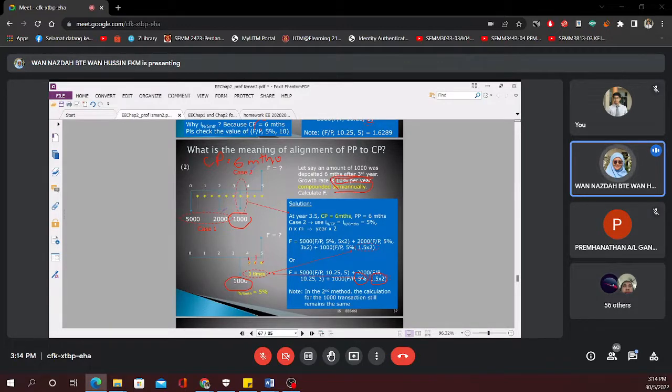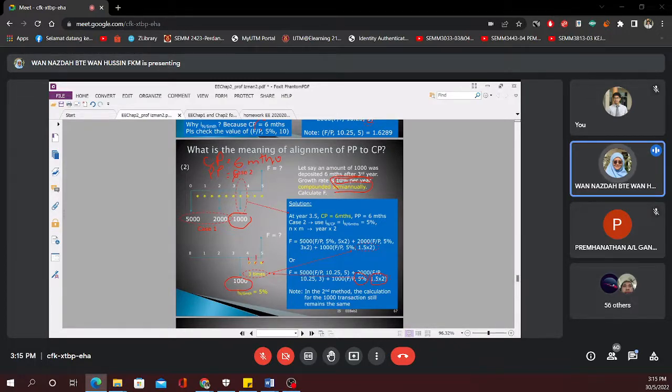Okay, so for this one, this example actually wants to demonstrate where the payment period equals to compounding period. In this case, your payment period is 6 months. Why 6 months? This 1,000 is deposited 6 months after the 3rd year. So the payment period is 6 months.